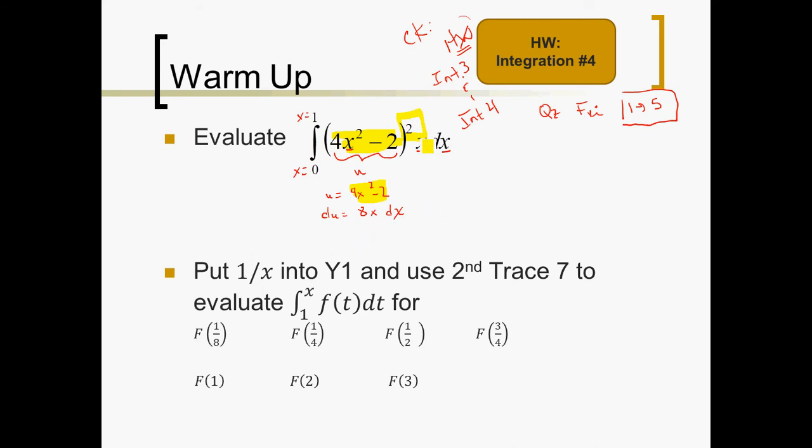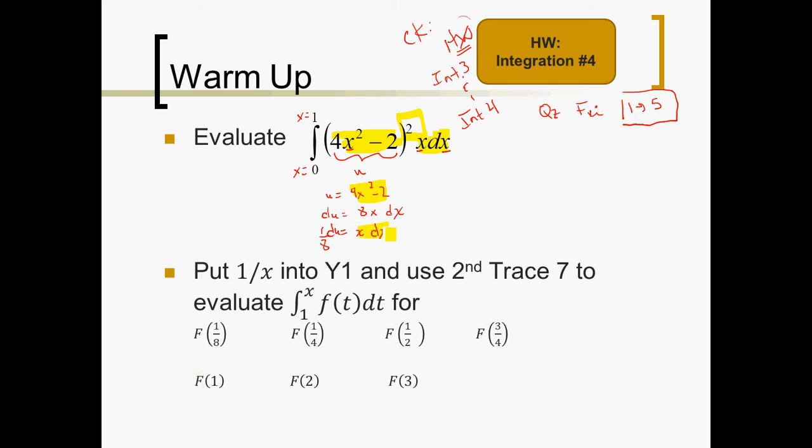But I see that I only need to replace x dx, which means I have too much information here. So I'm going to go ahead and move the multiplier over. Remember, you can only do that with numbers. Whoops, forgot my du.